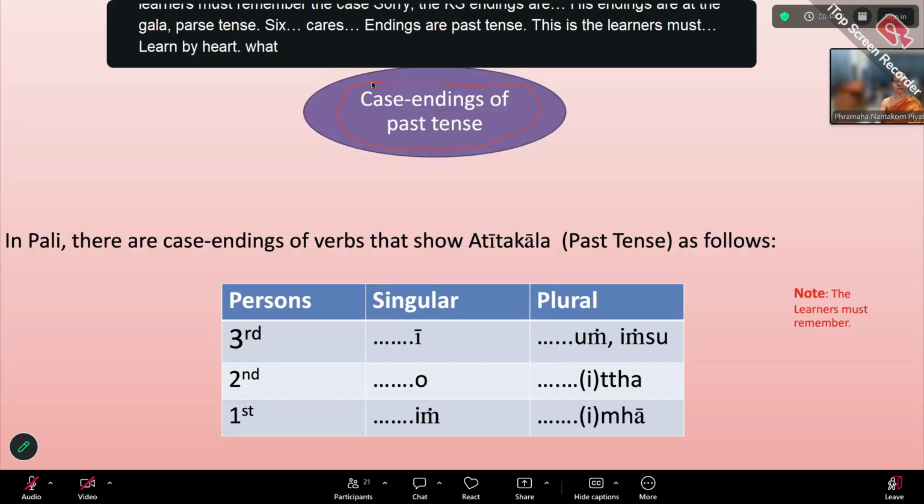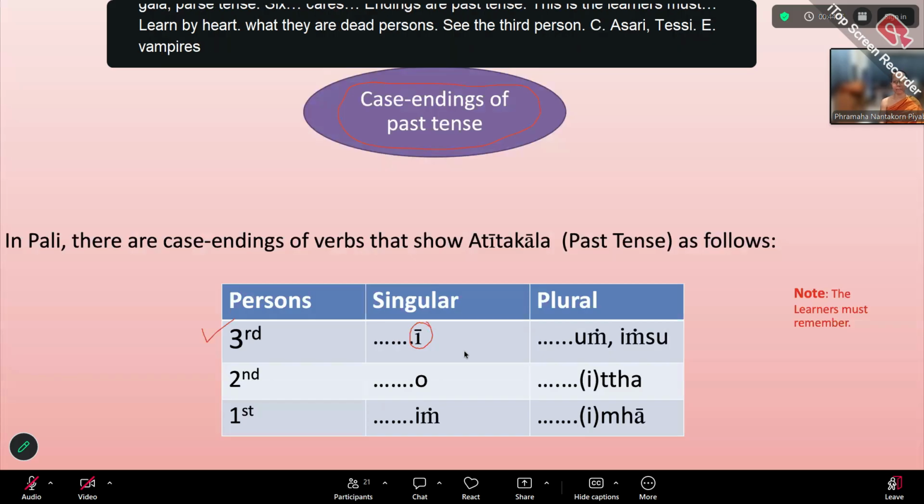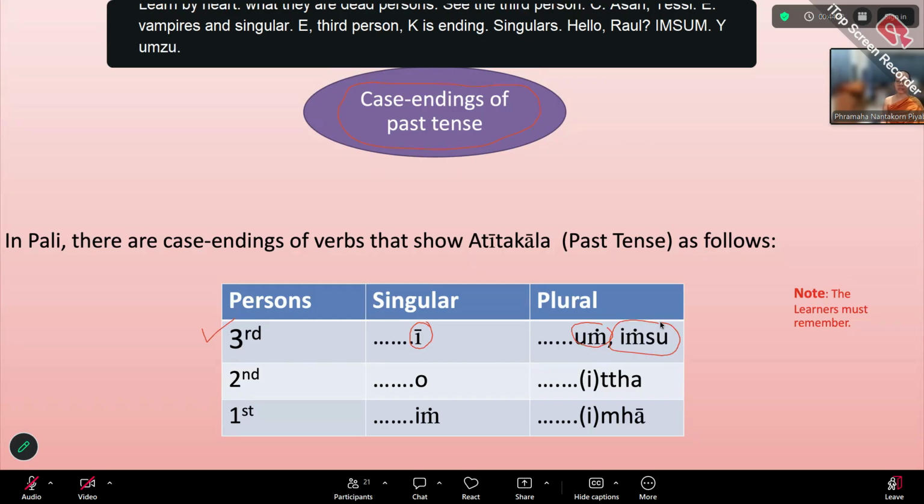What are they? Third person. Third person singular, i. Third person plural, imsu. Try to remember.